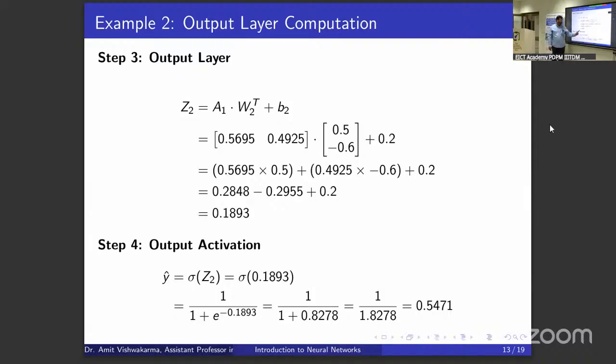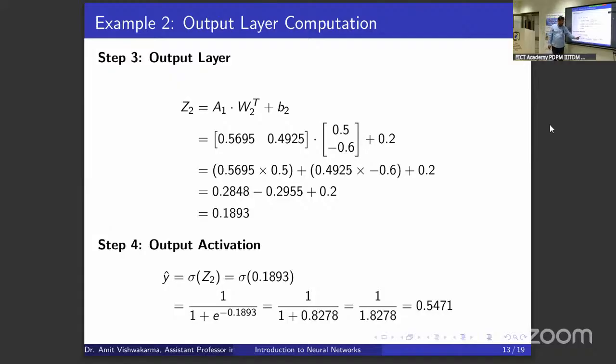After finding Z2, what is the next step? Find sigma on Z2, which will be y hat. So y hat is sigma of Z2, sigma of 0.1893.